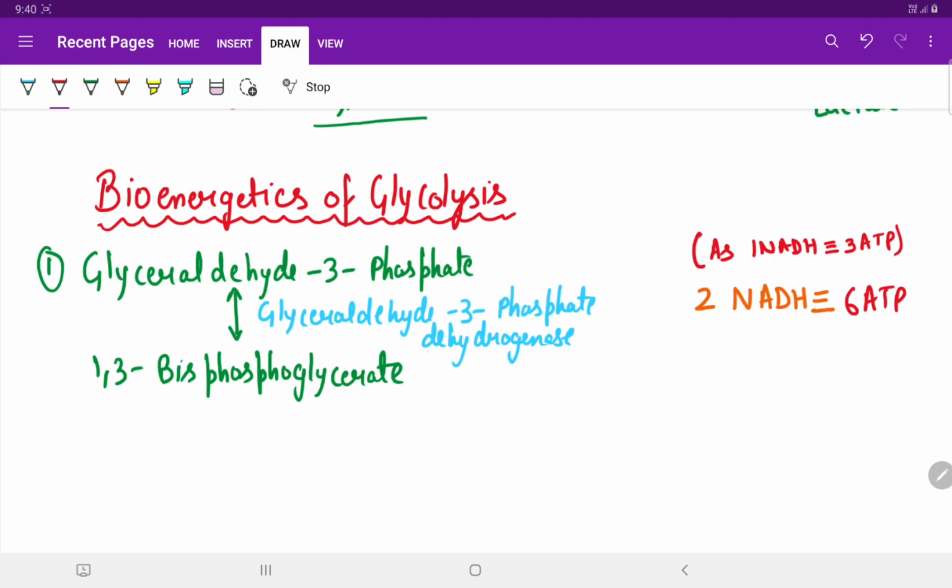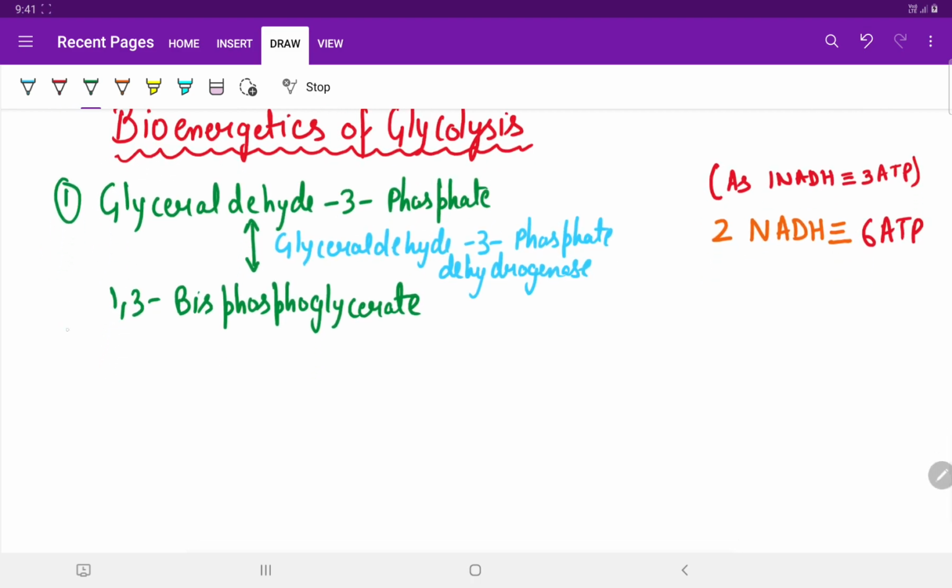The next is a substrate level phosphorylation reaction, which is involved in conversion of 1,3-biphosphoglycerate into 3-phosphoglycerate. So in the second reaction, there is a conversion of 1,3-biphosphoglycerate into 3-phosphoglycerate.